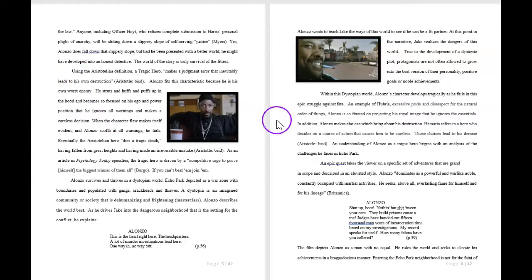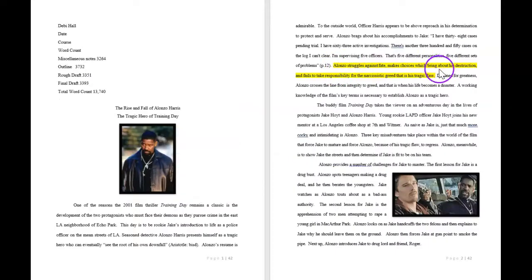And this entire section explains that within this dystopian world, Alonzo's character develops tragically as he fails the epic struggle against his fate. That is mentioned back on page. Struggles against his fate. Right?